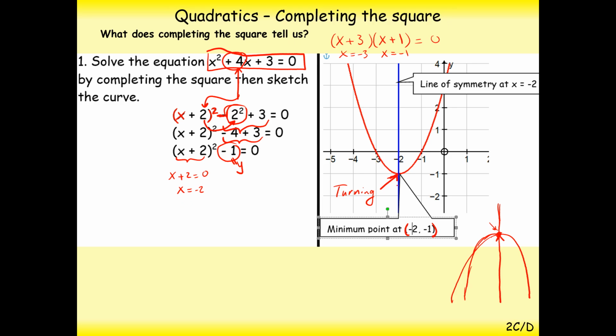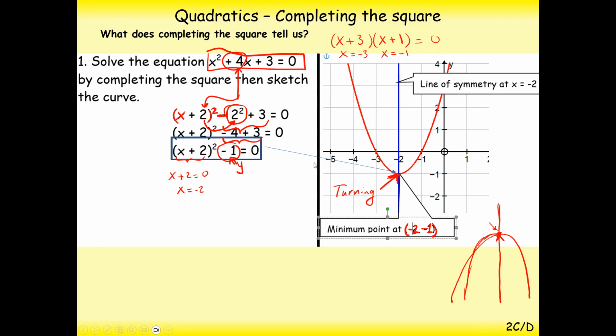That tells you that the turning point of this graph has x value of -2 and y value of -1, -1 coming from here. Alright, so now I'll show you in more detail how you complete the square.